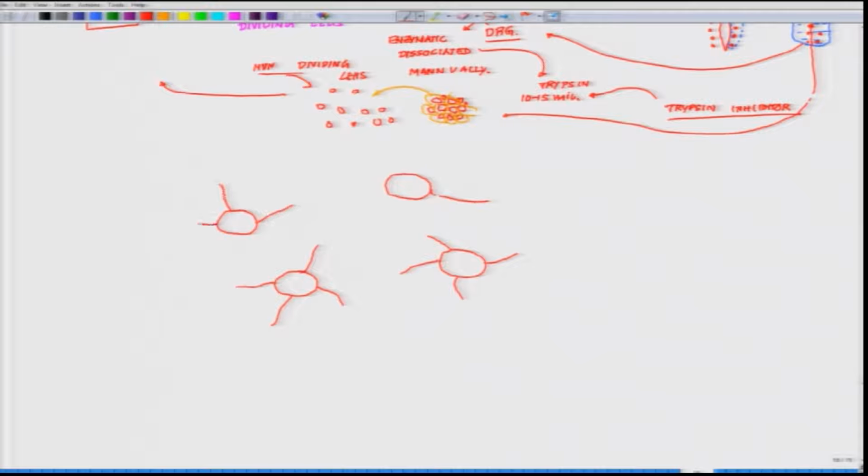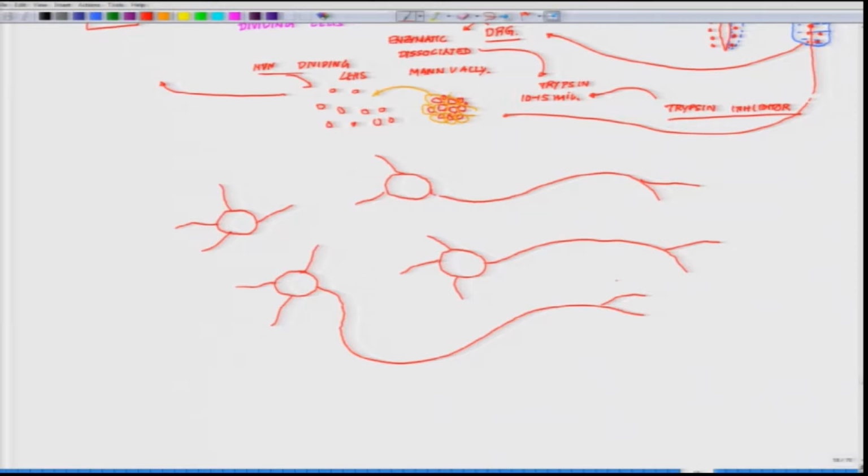Then one of the processes will become larger and will form an axon. You allow that to happen. So, you have the process in front of you now. And if you can pattern them to follow a geometry, that will be even better, if you can really do that.